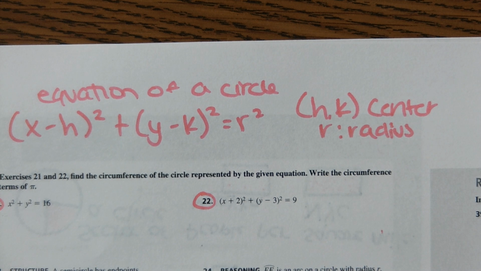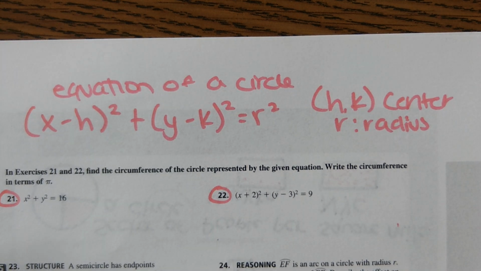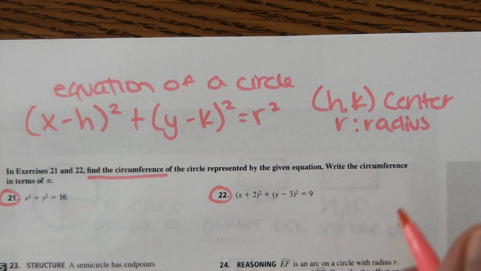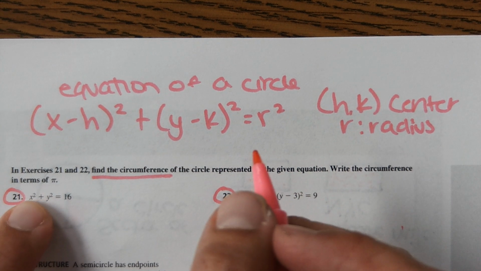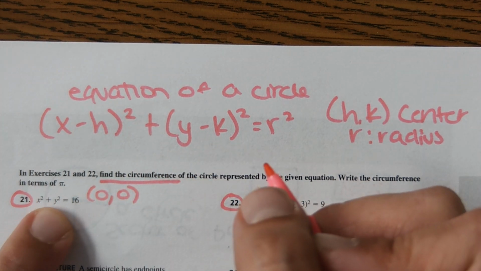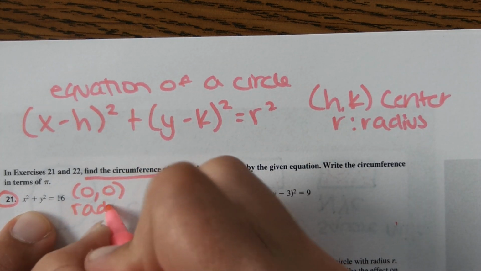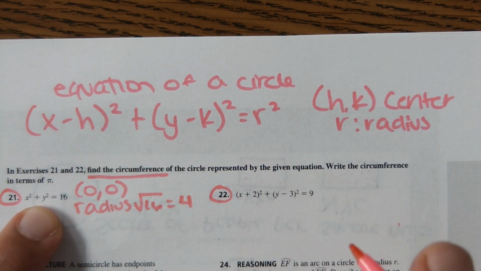So what we're going to do is identify the radius, and then we can use that to find circumference. So in this equation, the center is at 0, 0 because there's no like x plus anything and y plus anything. And then the radius is going to be square root of 16, which would be 4.